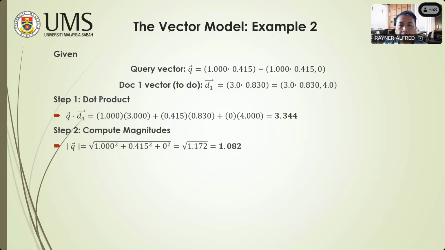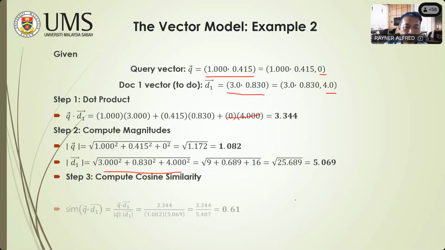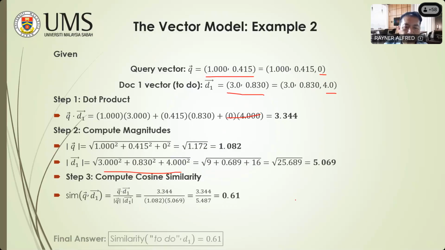In this case, we can have this or this, but in this one we include another dimension, and it will give you the same result because this one turned out to be 0. So don't care about that. And for this one, it will be all 3, because document 1 consists of 3 terms, right? So when we compute the cosine similarity, we get 0.6.